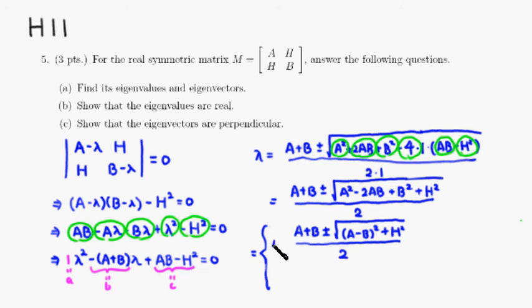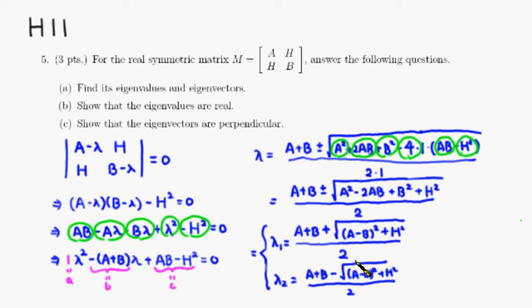This is lambda 1. And then the negative version, so I have to erase this part right here. Then lambda 2 is A plus B minus the square root of just the same thing, A minus B squared plus 4H squared, over 2.